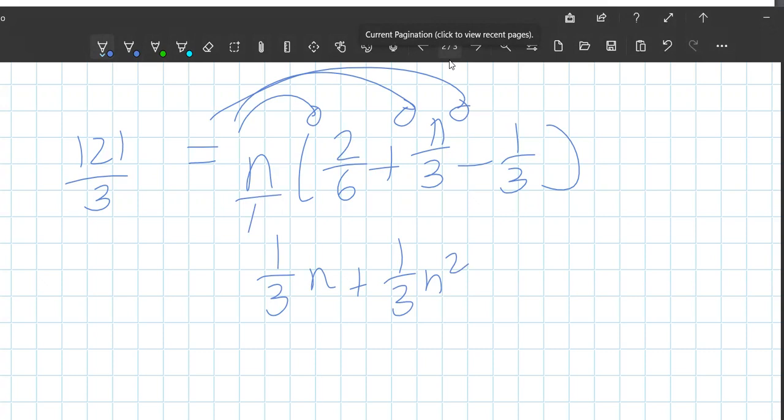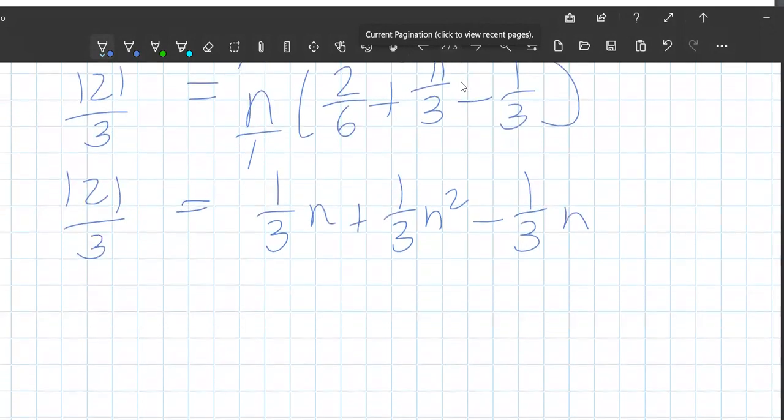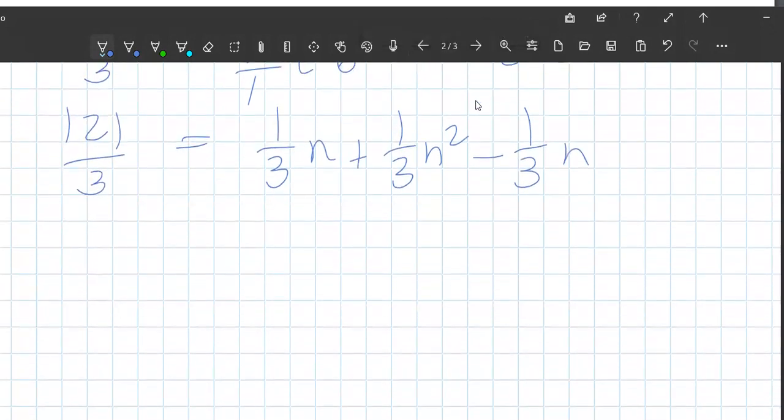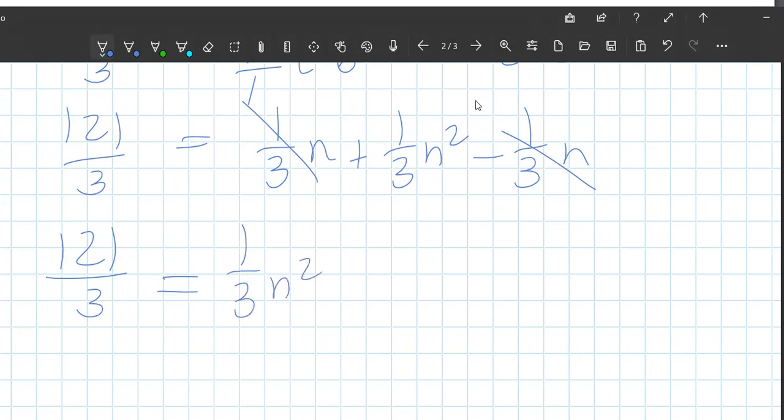It could be n squared over 3, but I just choose to put it in this form. And then 1 over 3 minus 1 over 3n. All right, I see we got very lucky. This cancels out. So we have 121 over 3 equal to 1 over 3 n squared.